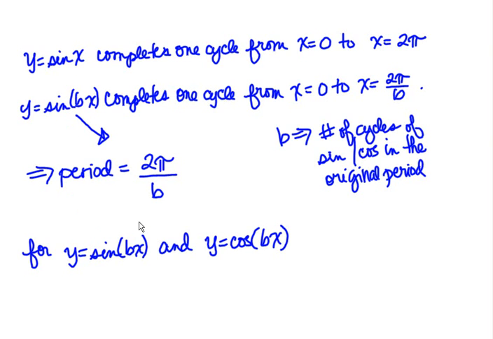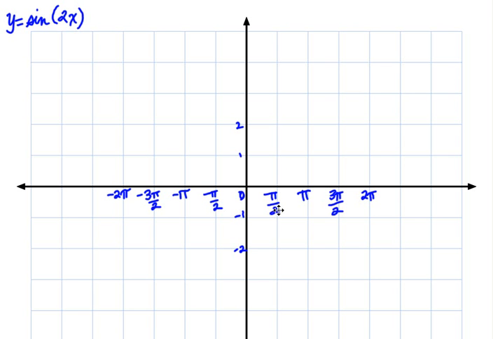Now, how are we going to actually apply that to graphing? So let me illustrate that with a sine graph and then a cosine graph. If we want to graph y is equal to sine of 2x, what we need to think about now is what is the period of sine of 2x. You should know just from what we've been talking about that sine of 2x is going to complete 2 cycles of the sine curve in 0 to 2 pi units.